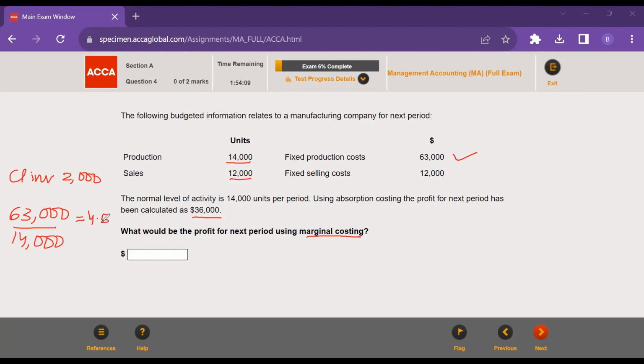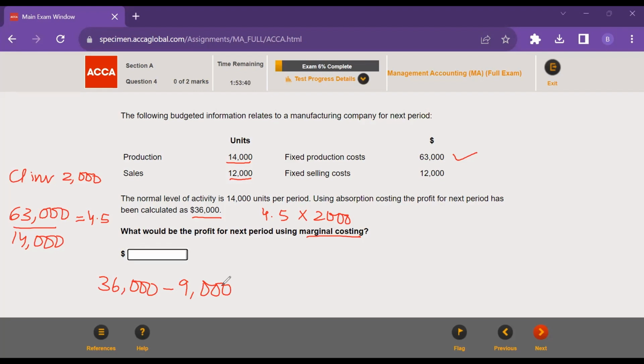Now I have 2,000 units of closing inventory with me. So my difference in profit will be 4.5 multiplied by 2,000, which will give me 9,000. Now my answer will be lesser over here in the marginal costing. So my answer is 36,000 minus 9,000, and this will give me 27,000, and this is what I will be entering in the blank over here.